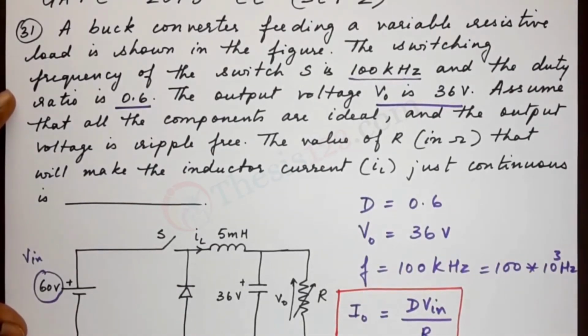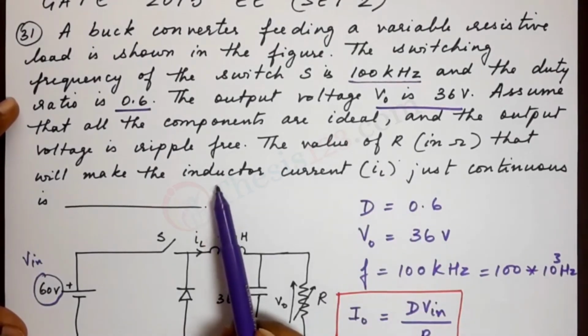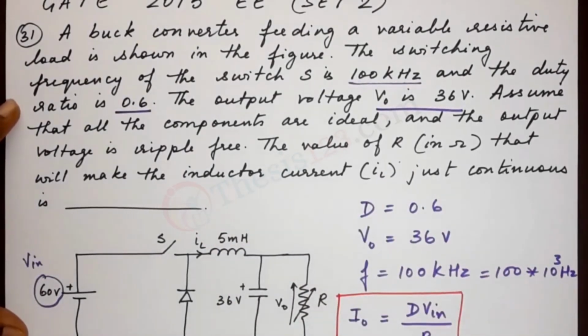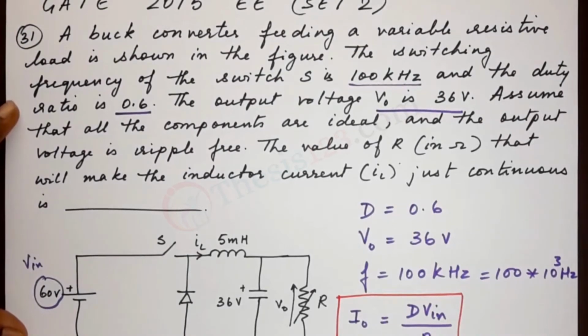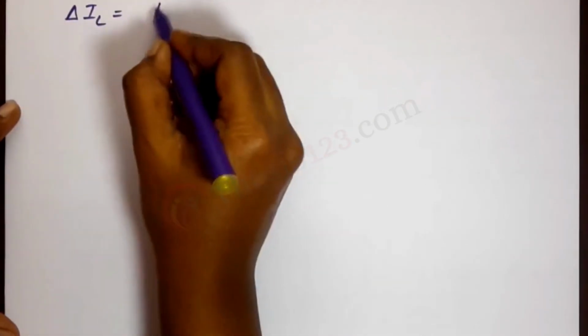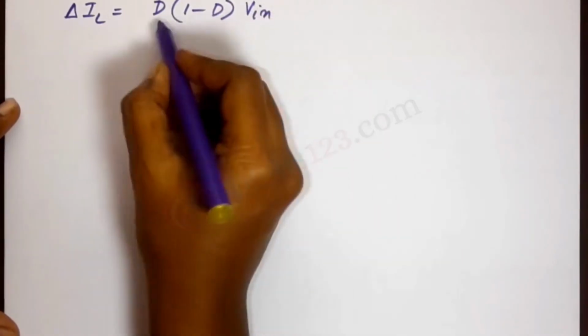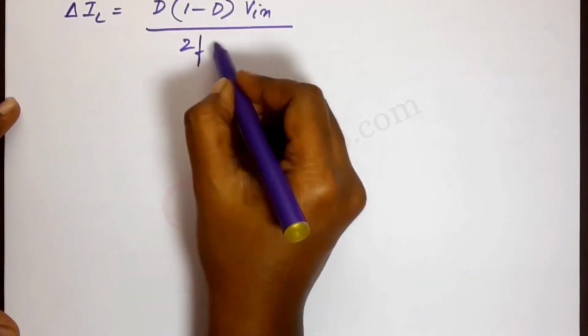Now, if we are to find the value of R such that the inductor current is continuous, we have another standard equation. Delta IL is equal to D into (1 minus D) Vin divided by 2FL.